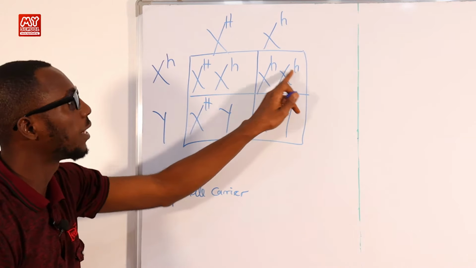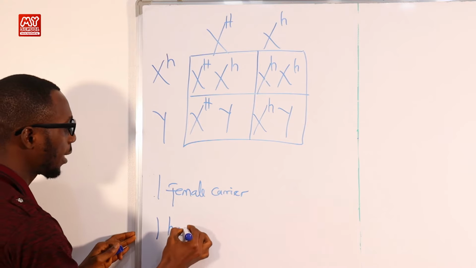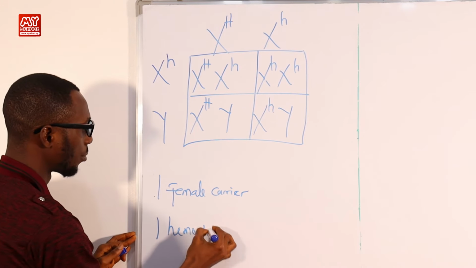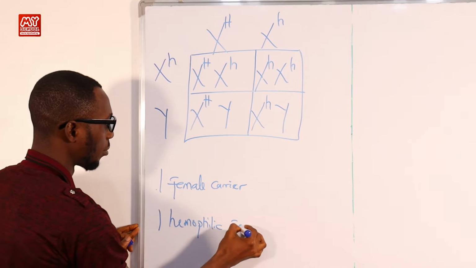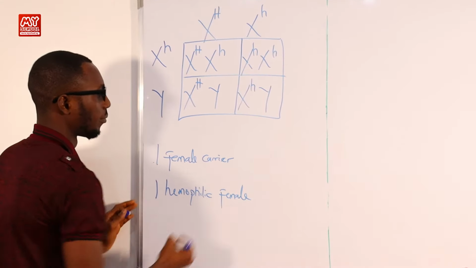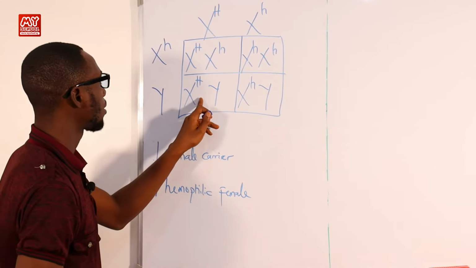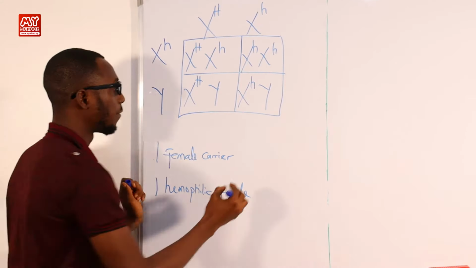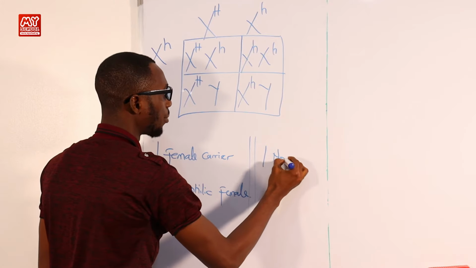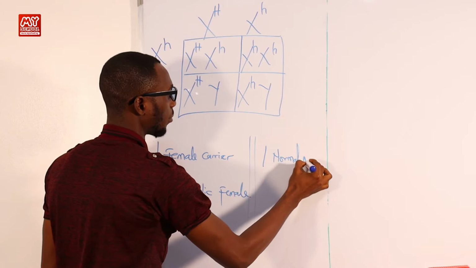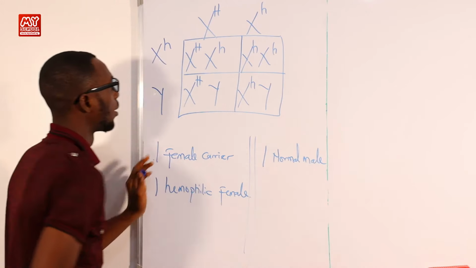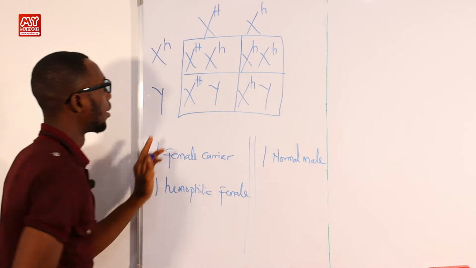So we have one hemophilic female. All right, so let's come here. This is a male. This is a very normal male, or one unaffected male. Then looking at this, the boy child is hemophilic.